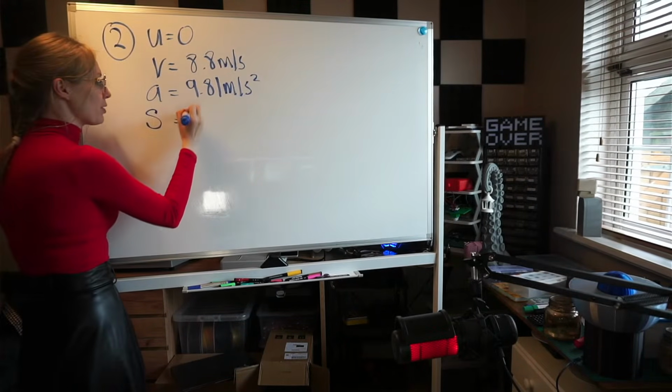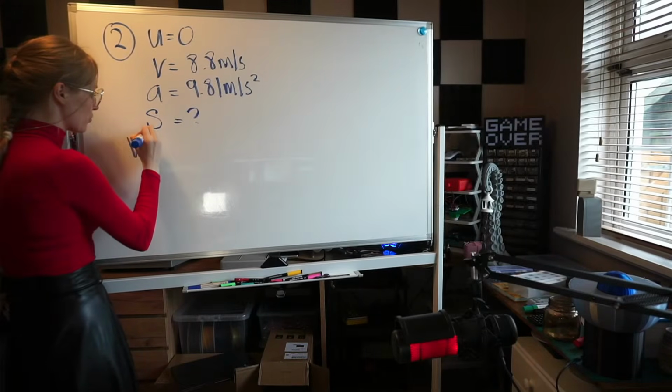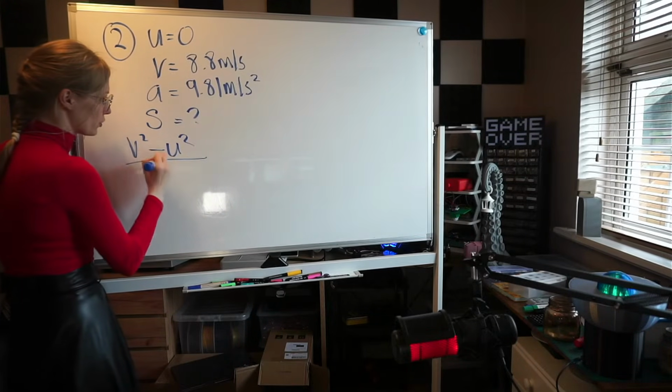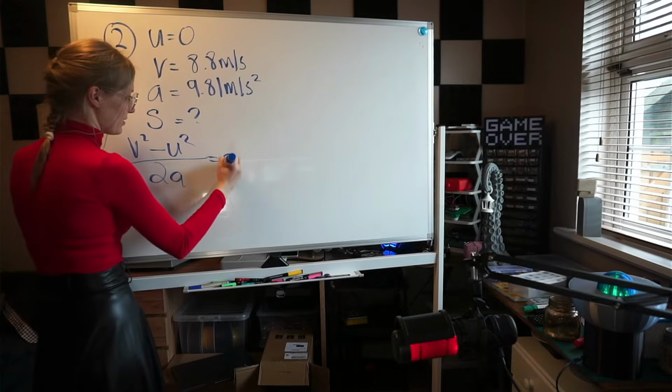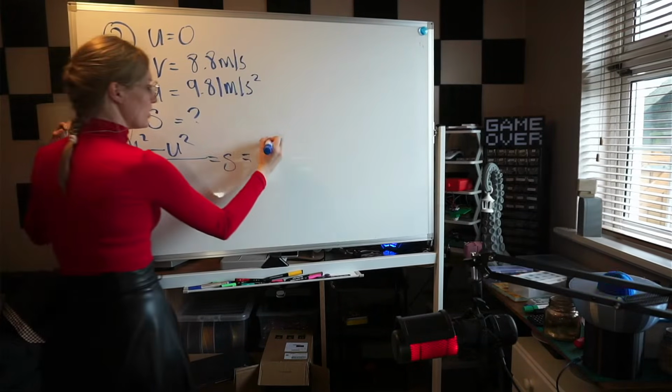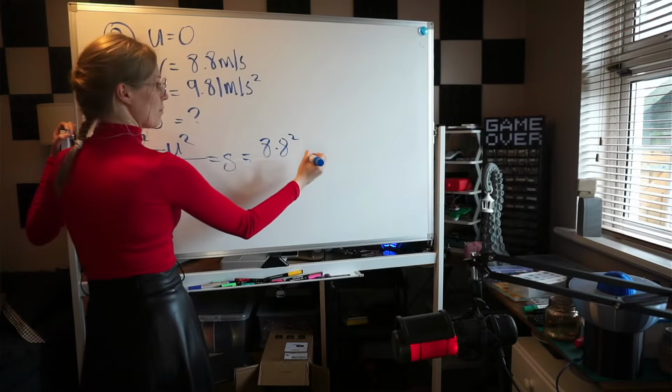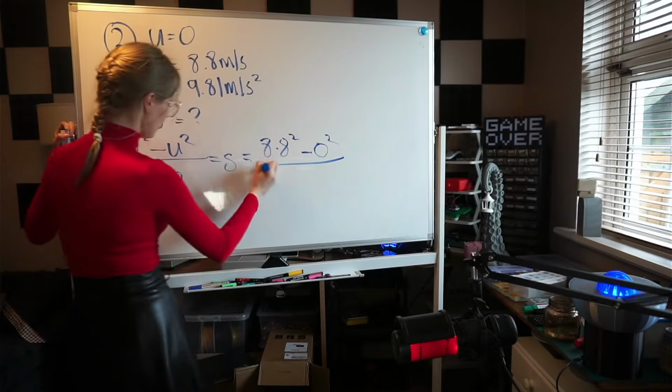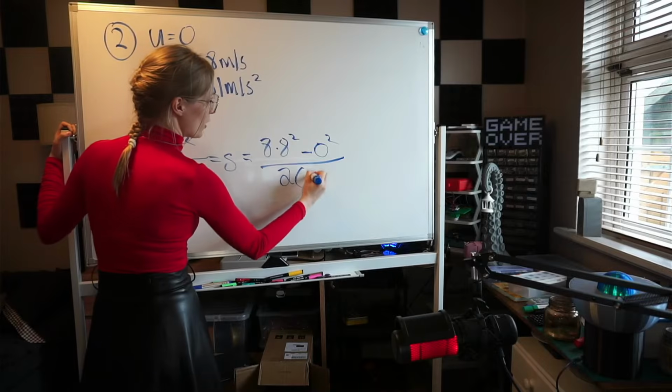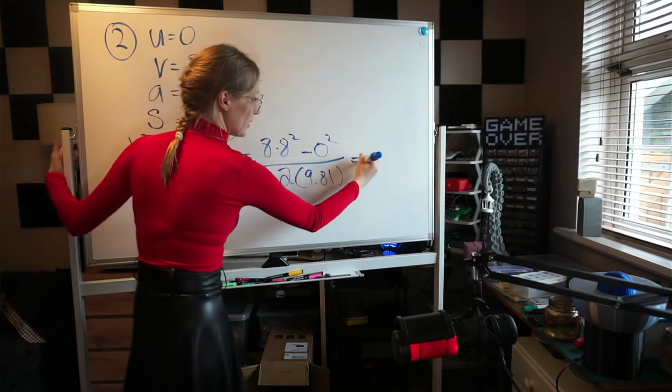We're going to use the same equation. That's v squared minus u squared over 2a is equal to s. V squared is 8.8 squared minus 0, all over twice 9.81.